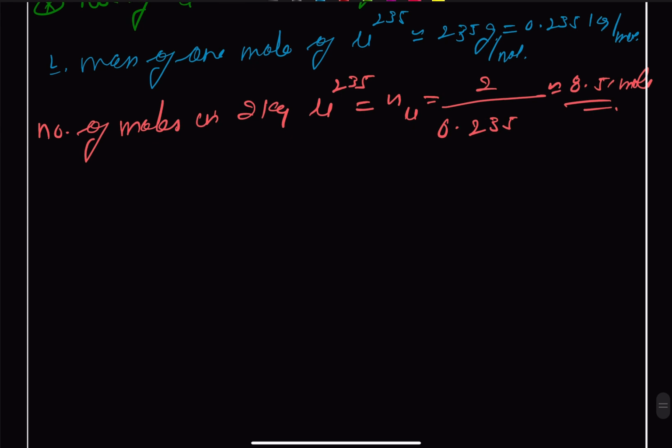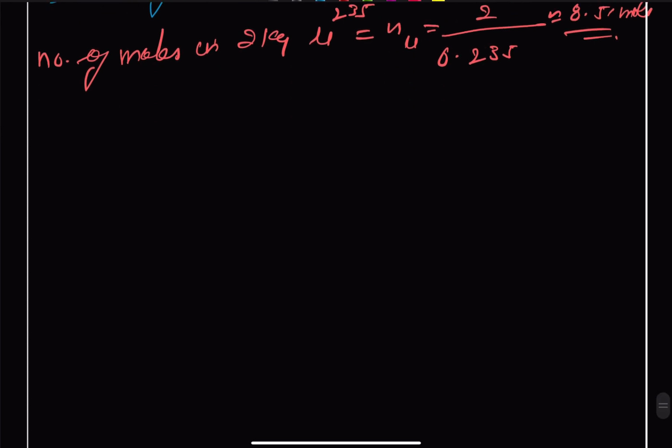Now we can easily find out our number of uranium nuclei, that is our N_U, is equal to number of moles multiplied by Avogadro's number.